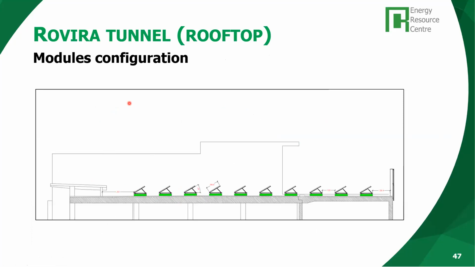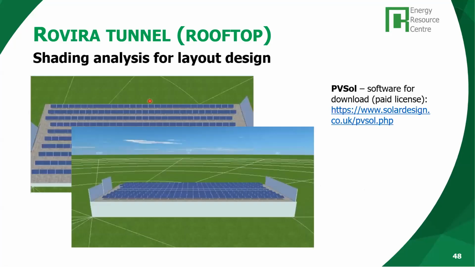Yes, because in the summer there is no risk of shading or of losses. The only risk in the summer is the high temperatures. When we have high temperatures, the voltage of the module goes down, and we can have problems of low voltage, but not shadowing, not shading. Sorry. Exactly.